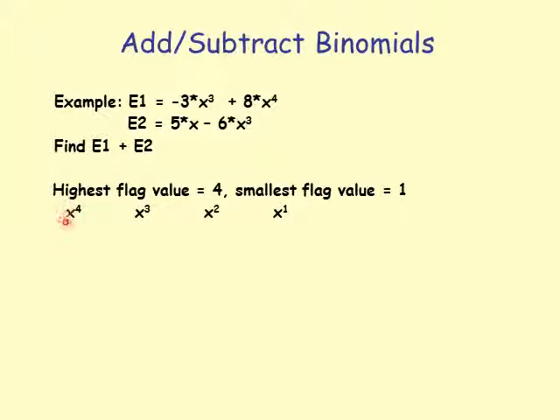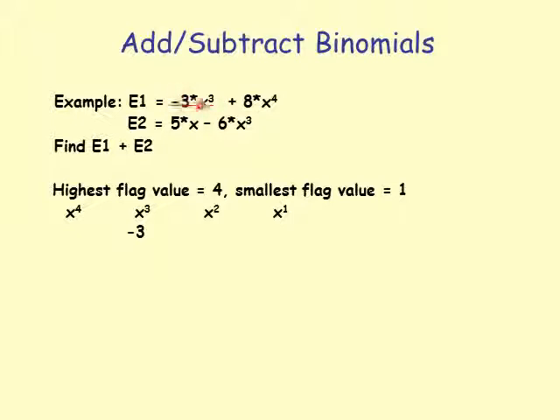We would collect all the terms with flag value 4 under the x fourth column, all the monomials with a flag value of 3 under the x cubed column, all the monomials with the second power of x under the x squared column, and all the monomials with a flag value of 1 under the x power 1 column. Let's continue here. So the first thing is minus 3x cubed. This is the first monomial I run into.